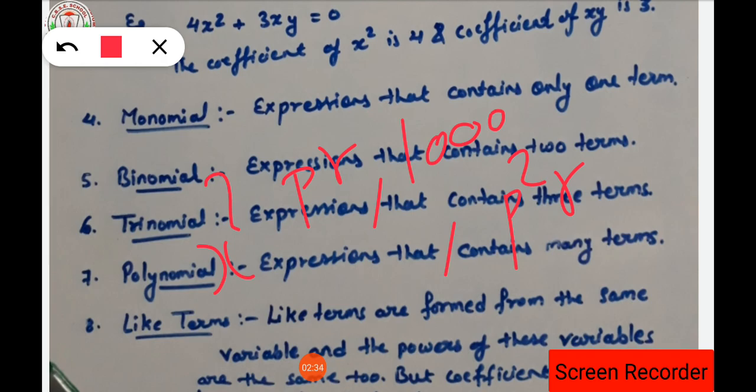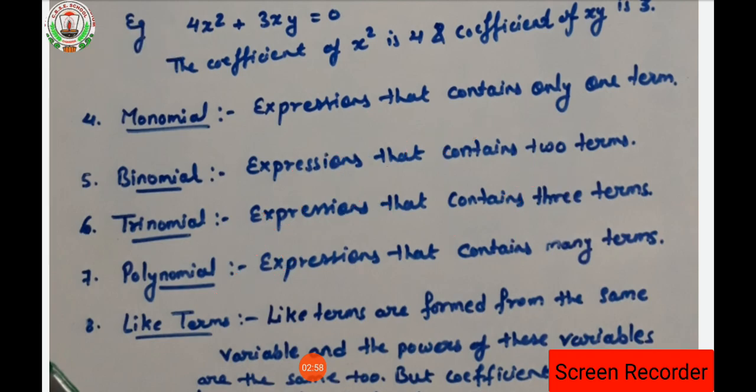In the same way, a binomial, for example x square plus PR: when two terms are attached to each other by plus or minus, it is called a binomial. Expressions that contain two terms are called binomials, and trinomials are expressions that contain three terms, for example x square plus PR plus 1000. Expressions that contain many terms, more than 3 terms, are called polynomials.